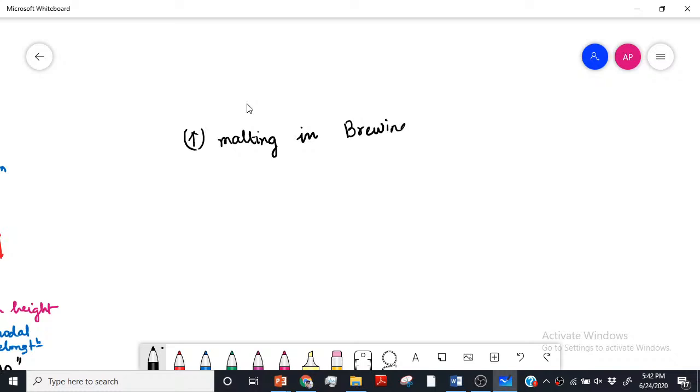Basically, this is the fourth point. 1, 2, 3 we have discussed, right? Now this fifth point that you're supposed to know is increased sugarcane yield.